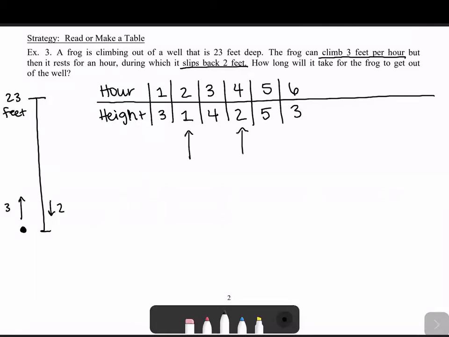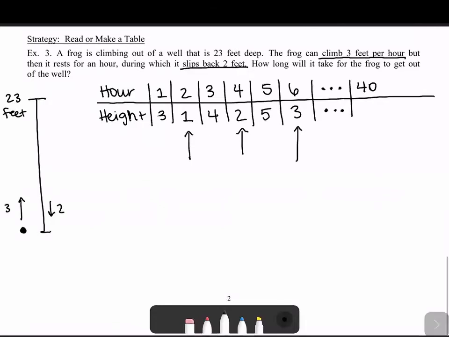The fourth hour, it's at 2 feet. The 6th hour, it's at 3 feet. So based on this pattern, and you can check this doing it the long way and writing out every value, at 40 hours, the frog is going to be at 20 feet, right?